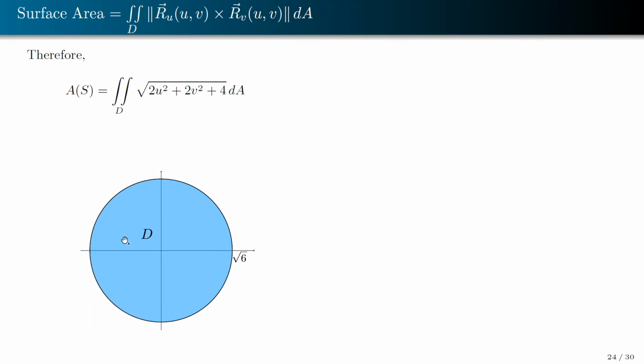Okay, so take note, dahil yung ating region ay circular region, mukhang okay gumamit dito ng polar coordinates. So, setting up bounds using polar coordinates, we have the following. So, yung 2u squared plus 2v squared maging 2r squared. dA will be r dr d theta. r will be from 0 to square root of 6, yung radius ng circle. And theta is from 0 to 2 pi.